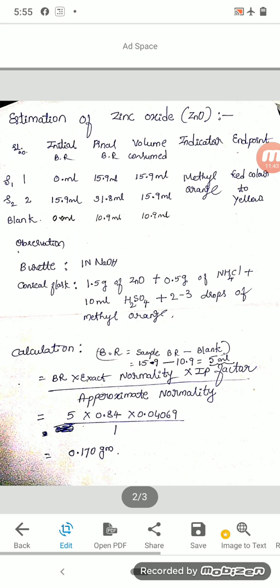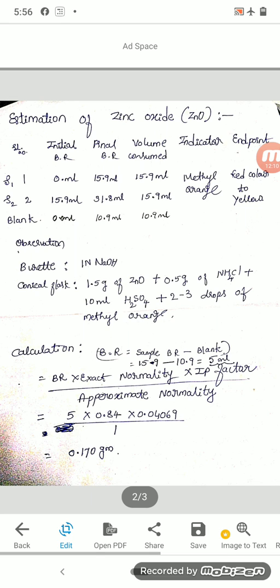In the calculation part, you can notice in brackets the burette reading: the sample burette reading minus blank will give the burette reading. Here the sample burette reading average is 15.9, and the blank you may get approximately 10.9. So if the difference is 5 ml, that is the burette reading.